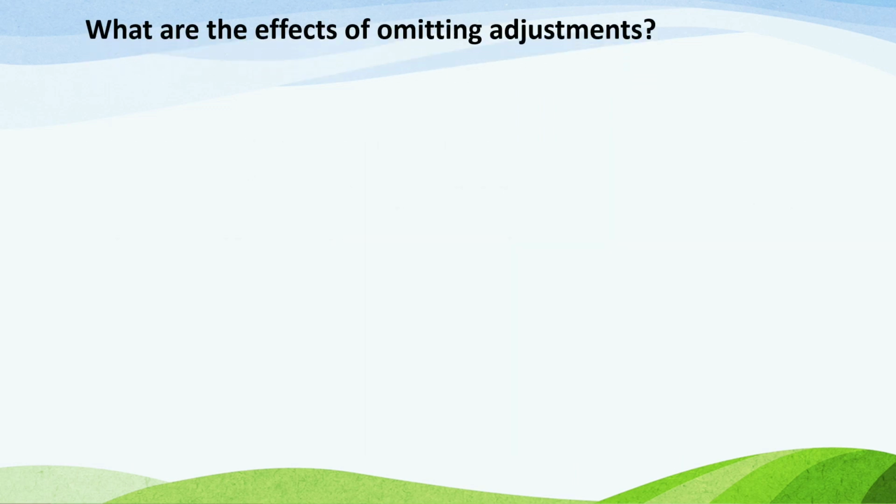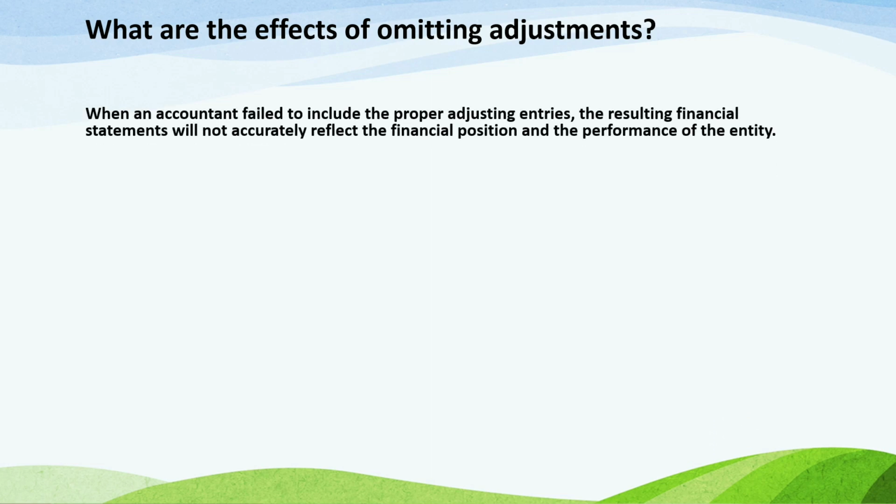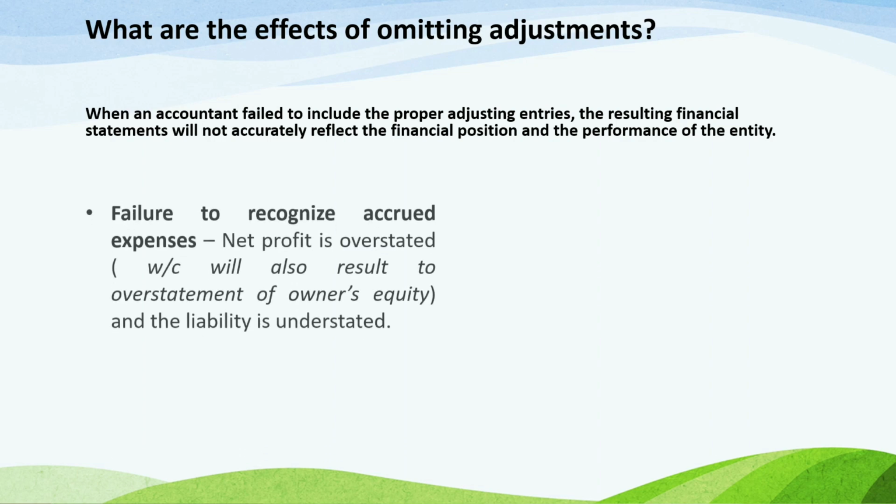What are the effects of omitting adjustments? When there are omitted adjusting entries, the resulting financial statements may not be presenting accurately the financial position and the performance of the entity. Some account titles may show misstated, understated, or overstated amounts in the financial statements.